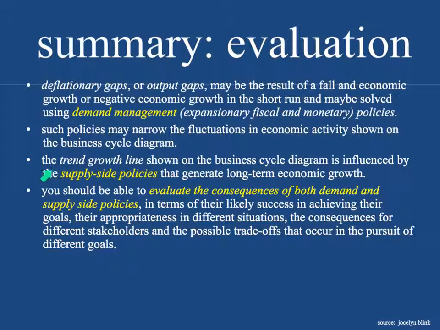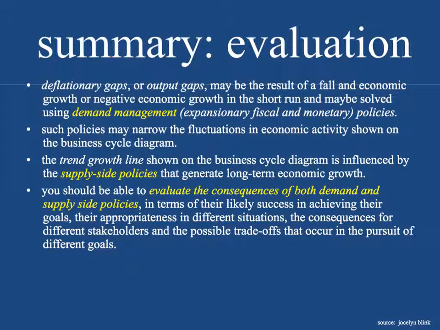But if you think about the business cycle, the trend growth line shown in the business cycle is influenced by supply side policies that generate long-term economic growth. What that means is, as you improve the quality and quantity of your factors of production, you're going to have an upward growth trend. Those are supply side policies.